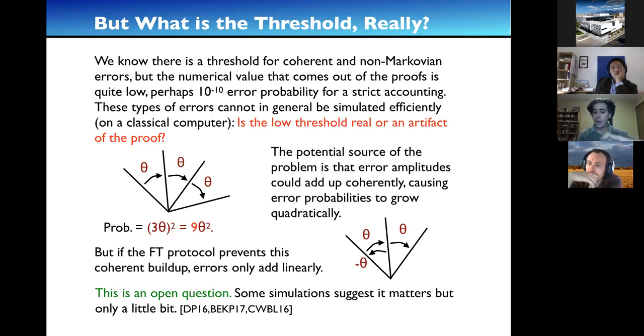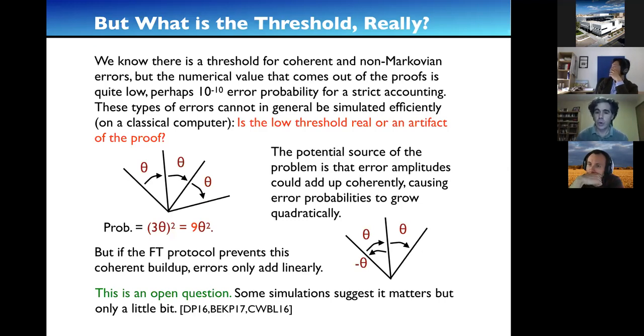And then when you square that, that comes to n theta squared, which is just what you get of having n stochastic errors occurring independently. And it may well be that the fault-tolerant protocol, just by its structure, where you're constantly interacting your quantum computer with other qubits to measure the errors, naturally does this.